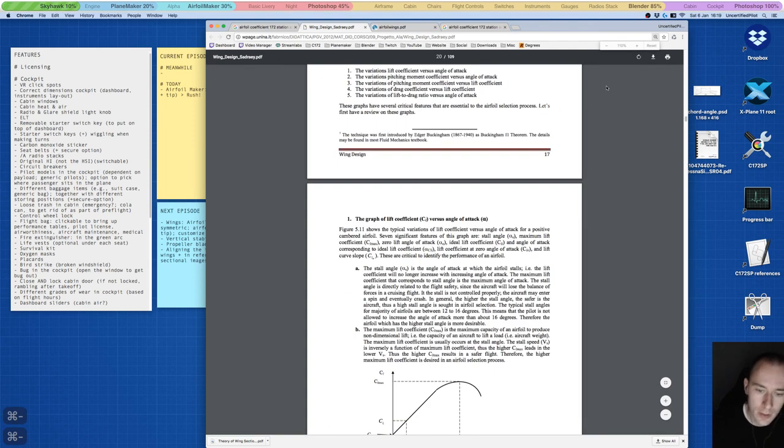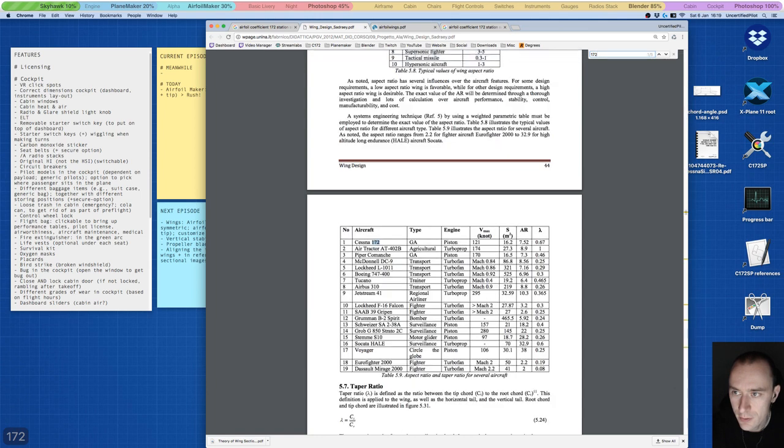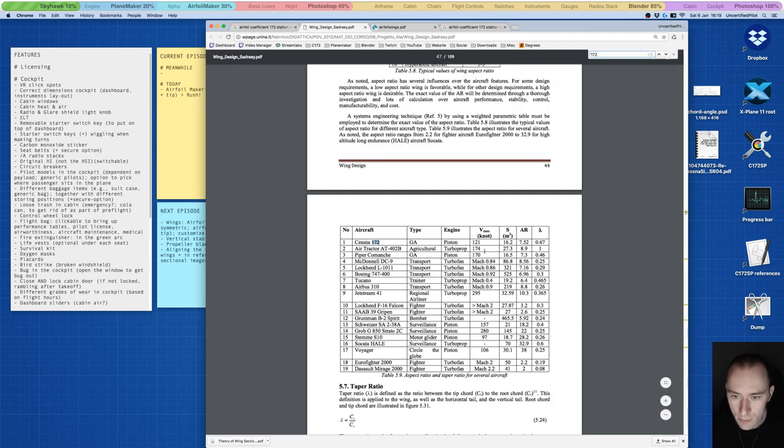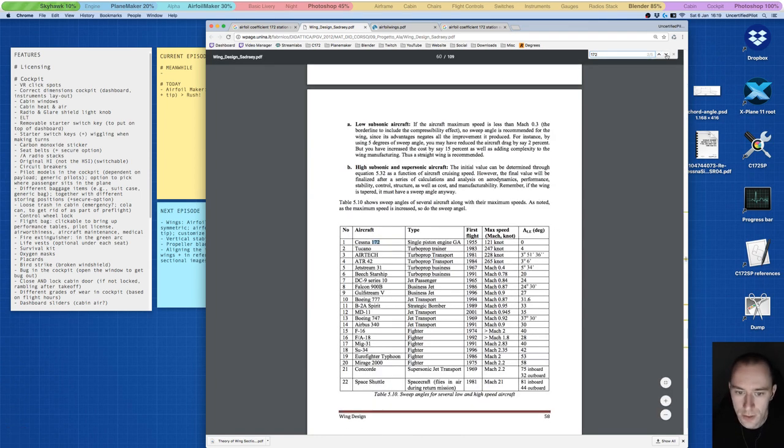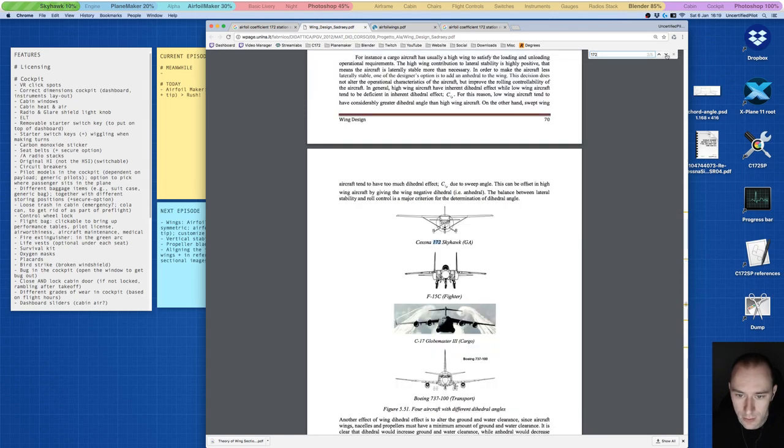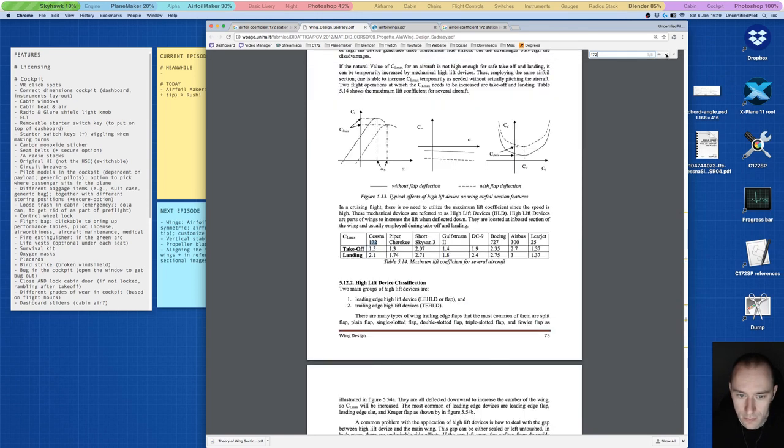What I'm looking for again is specific 172, and I could do that much faster. Cessna 172. Engine. Yeah, this is not it.